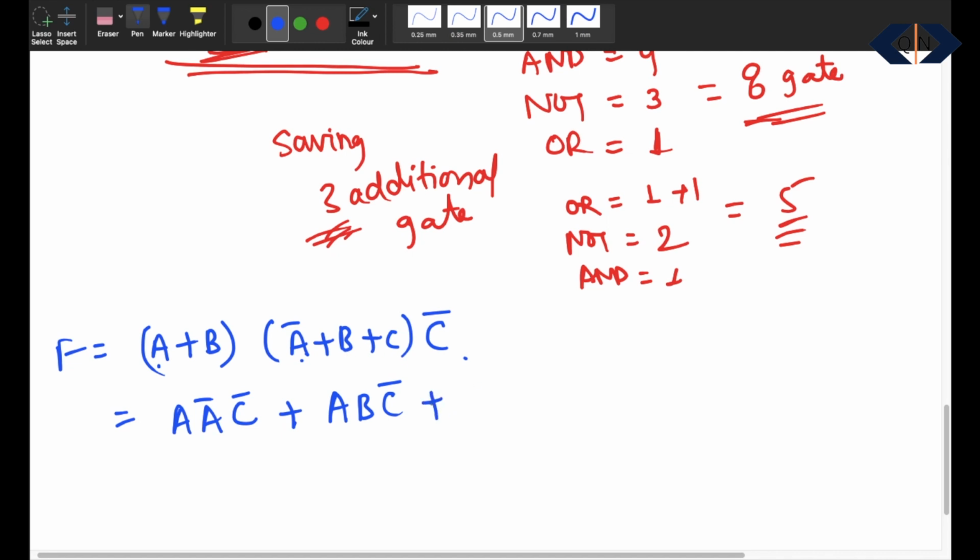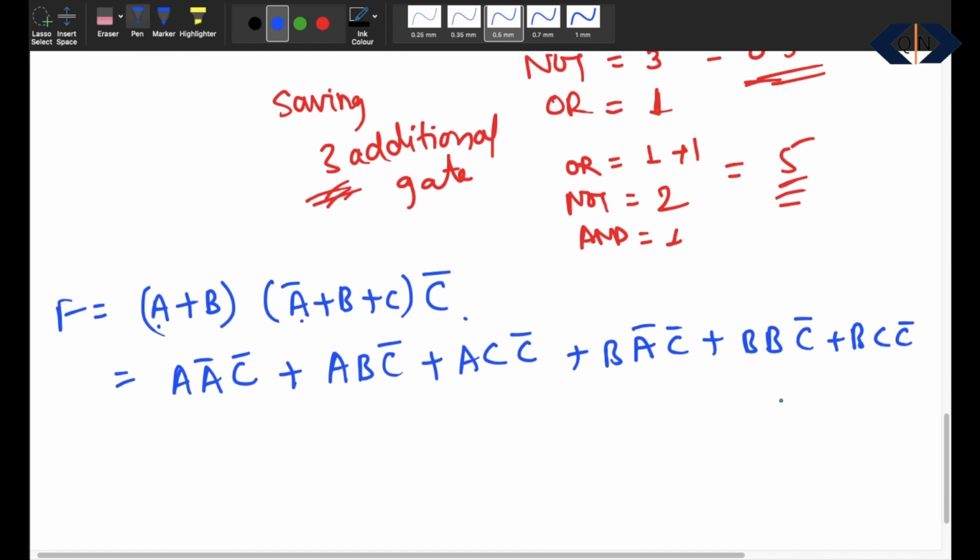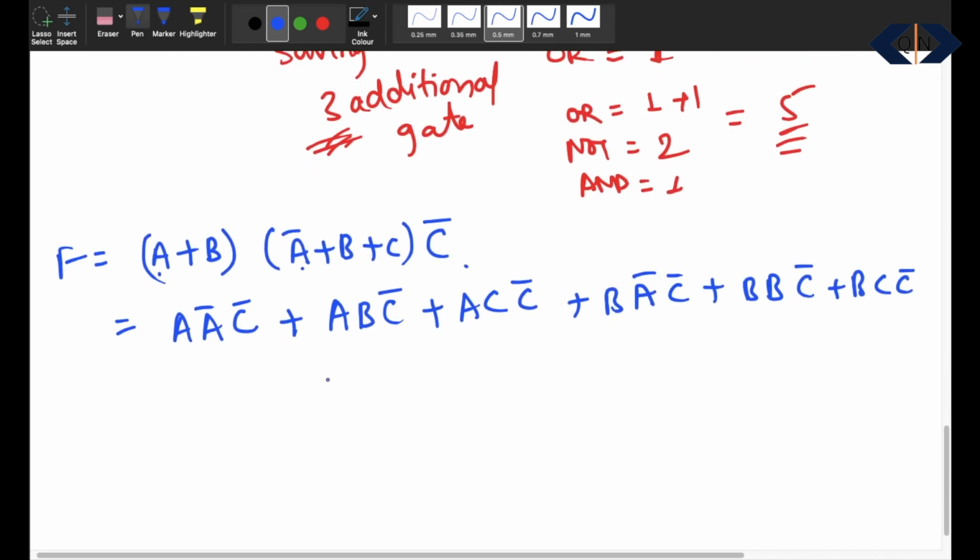So plus A, C bar, sorry, not double A. Then multiplying with B: A bar, B, C bar, plus B, C bar, plus C bar. Now from here, do you see a pattern?